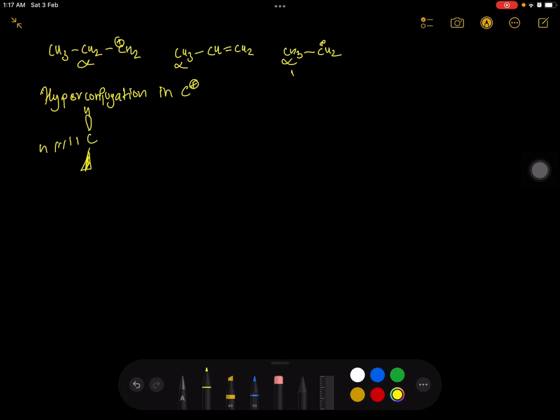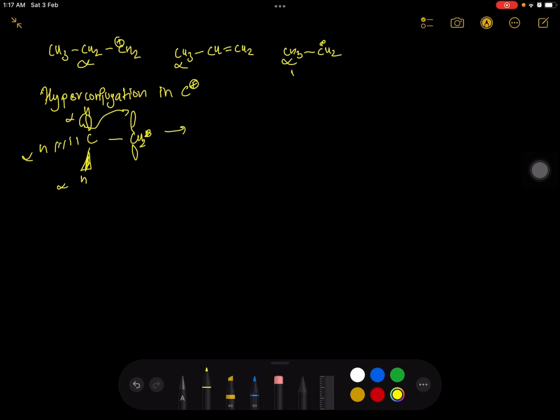C dash H, CH2 plus, then you have an orbital over here. It's a free orbital. So in hyperconjugation, obviously this is an alpha H, this is an alpha H, this is an alpha H. This goes here and it goes here.